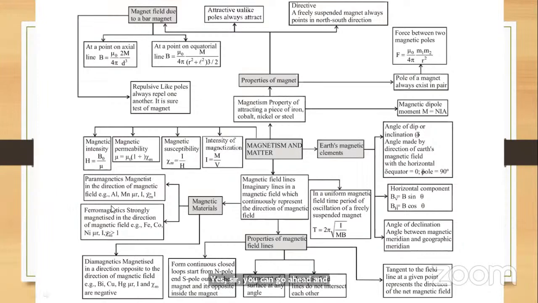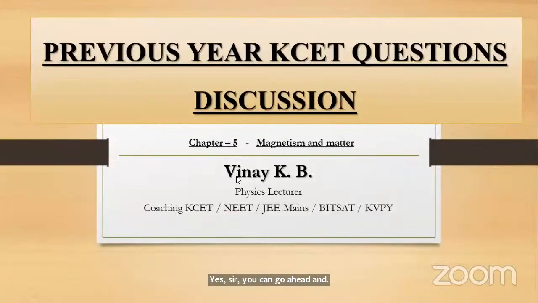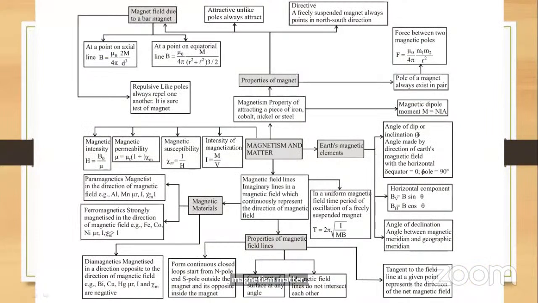Hello, students. As usual, today I'm going to discuss the topic that you already know about: magnetism and matter. This is a chapter based on the phenomena of magnetism related to matter. In our day-to-day life, we observe that matter is in three states: solid, liquid, and gas.